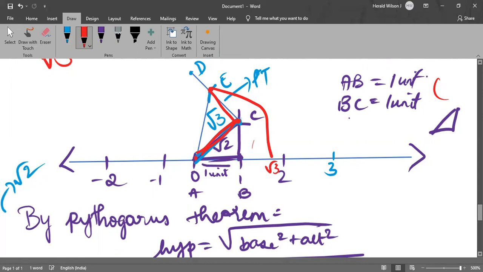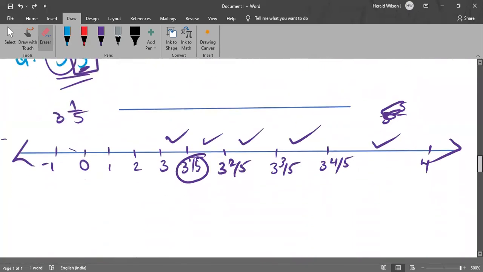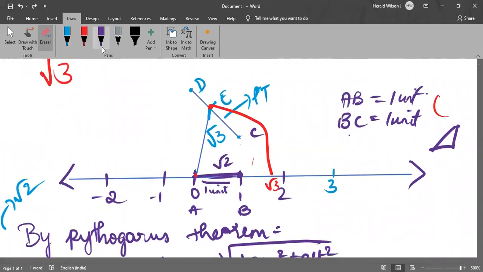Join that point E to point A here to get root 3 as your hypotenuse. So a lot of lines, I know, it was just too much. I think I shouldn't have erased it. I felt it looked a little congested. Anyways, basically this is how you do it.